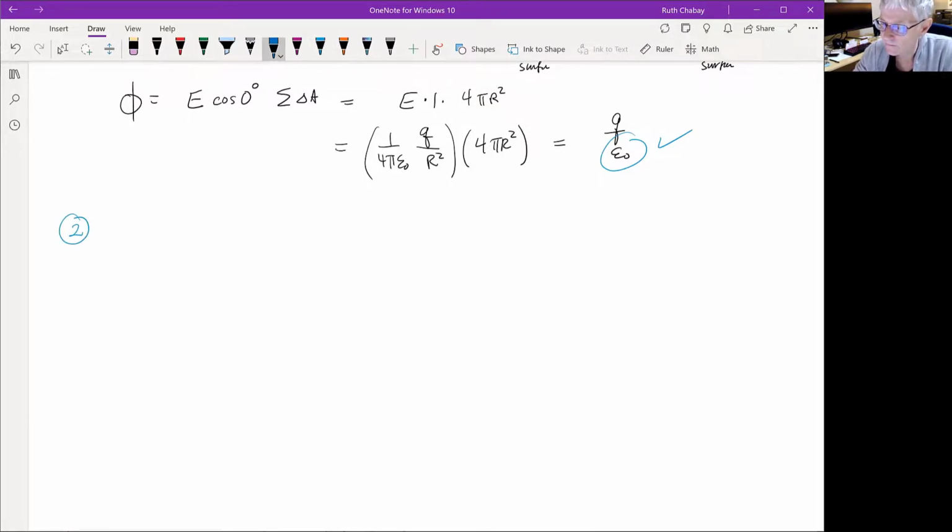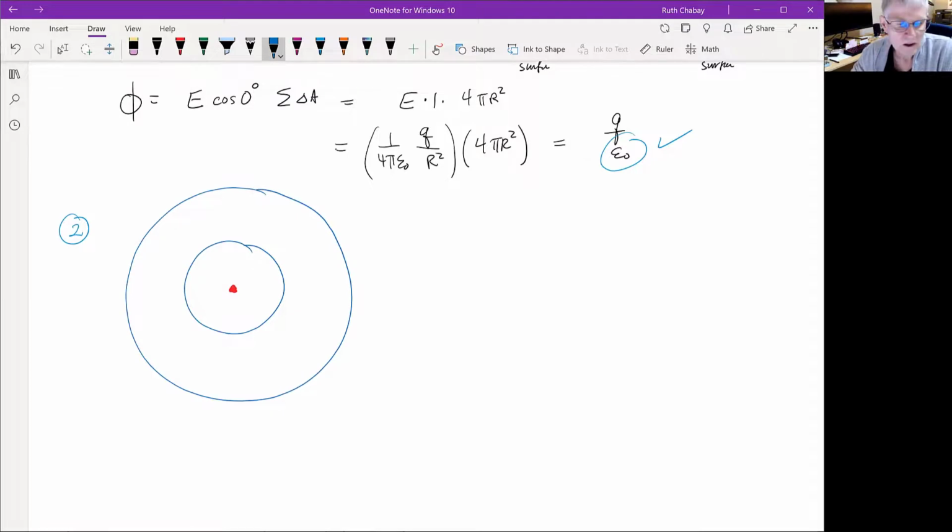So we took a sphere around a point charge here. If we make our sphere bigger, so this is R1 and that's R2. Well, area of 1 is 4 pi R1 squared, and E is going to be 1 over 4 pi epsilon 0 q over R1 squared.